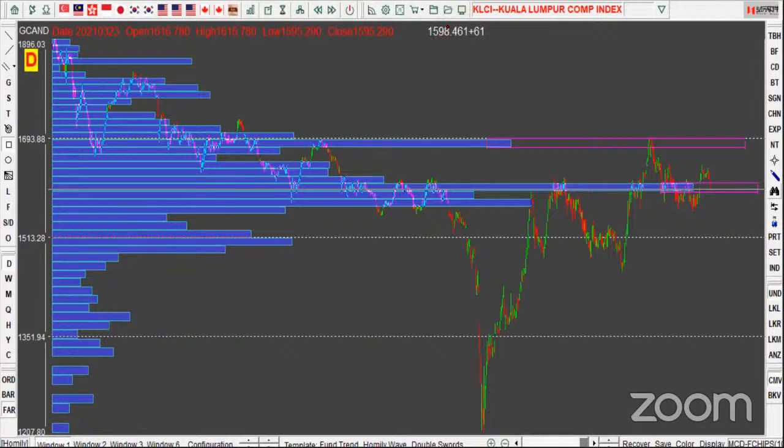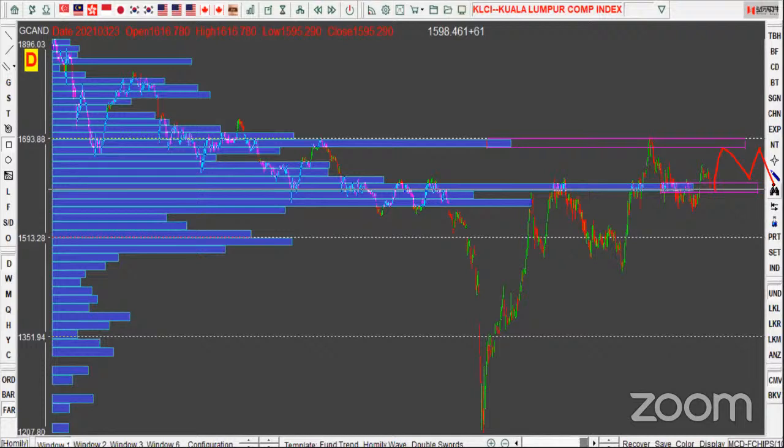So make it a round number, 1,600, and the top of the longest blue bar is 1,610. Today the price dropped below, to 1,595. So that's not a good sign for QCI. Also, it might be in consolidation between the support level here and the resistance of the previous high here. This is the performance for QCI.